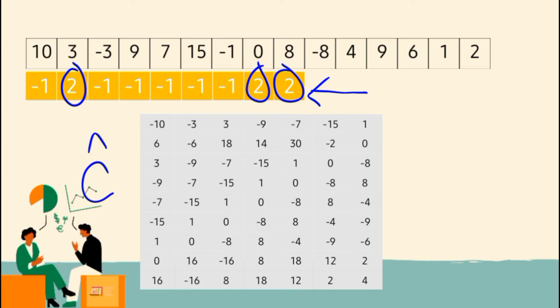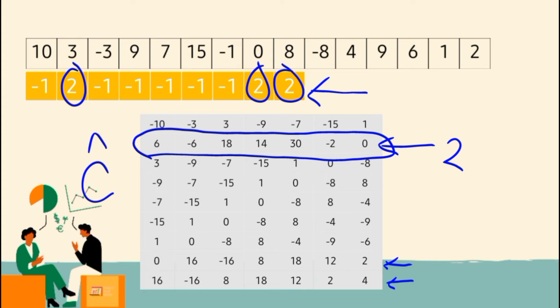If we look at this matrix carefully, we would notice that the second and then the 8th and the 9th row would always be 2 times the input. So like in the second row here, it's 2 times 3 and then 2 times -3, and then 2 times 9, 2 times 7, and so on.